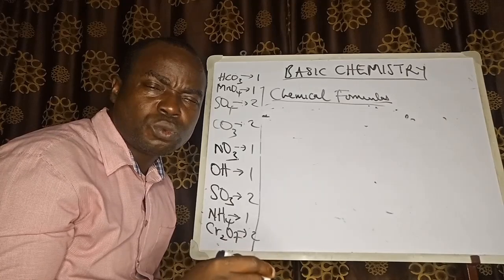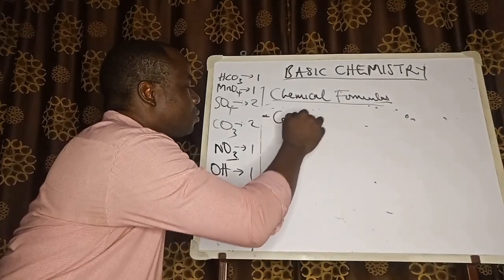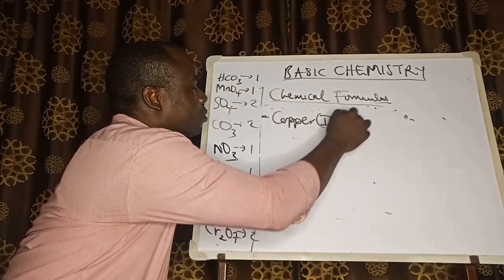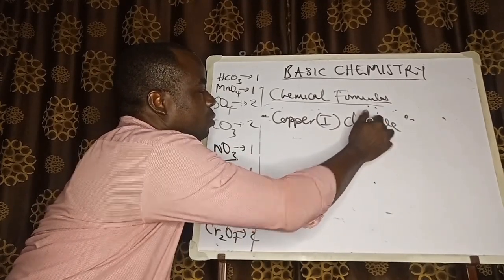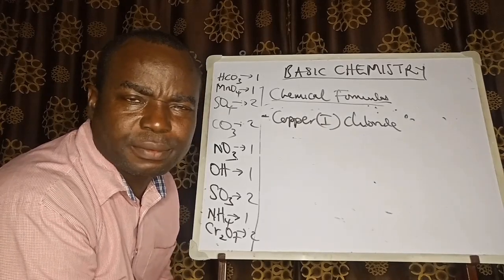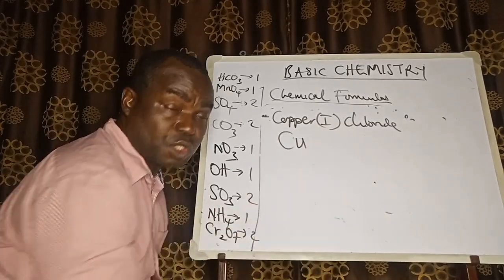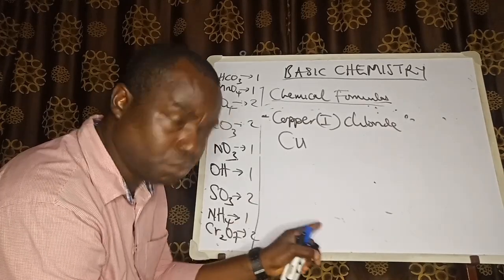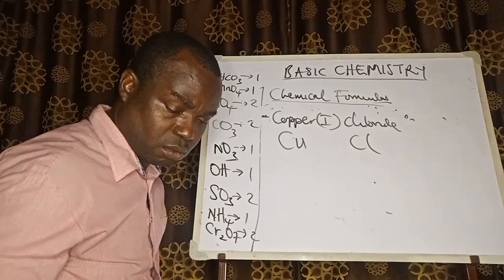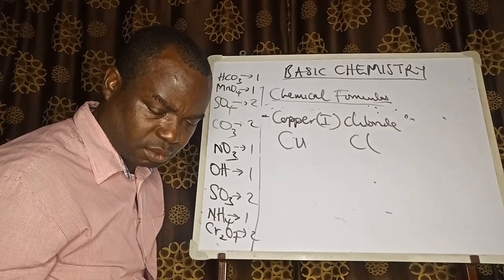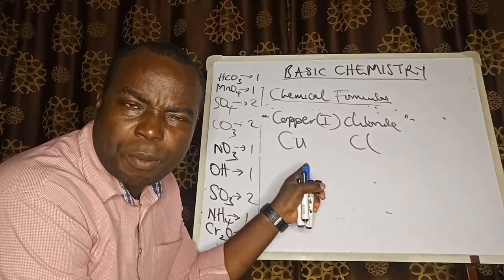Let me show you copper 1 chloride. What is the symbol of copper? Cu. If you don't know it, it is Cu. What is chloride? Chloride is from chlorine. Now, what will be the valency of copper?